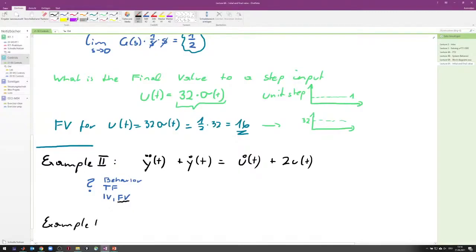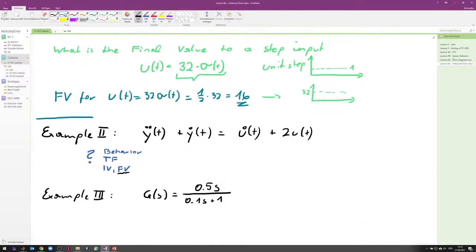And example number 3 is the following. I give you the transfer function immediately, 0.5 s over 0.1 s plus 1. And I want to know the behavior of that system. Oh, here I forgot the 2. What do I have here? To a unit step input.